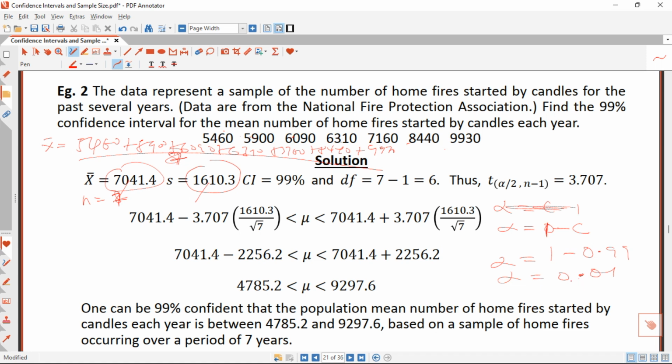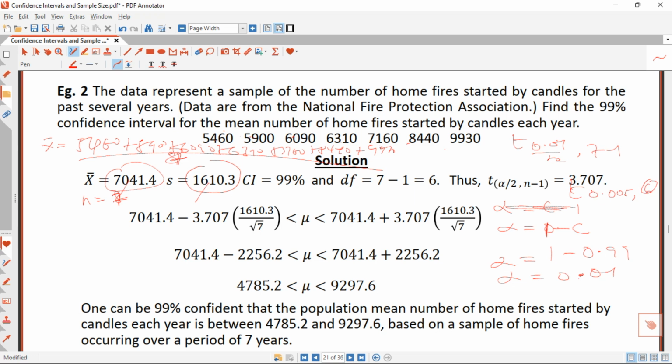So here alpha is 0.01. So you're just going to substitute alpha into this one. You get 0.01 divided by 2, comma, our 7 minus 1, right? So once you divide this one by this, you are going to get t subscript 0.005, comma 6, right?